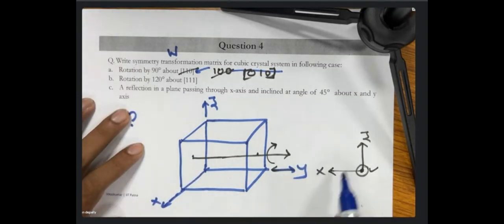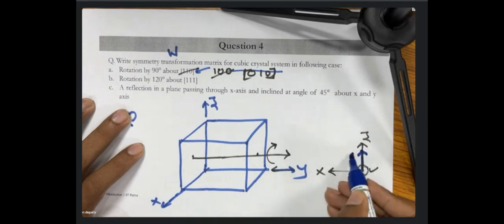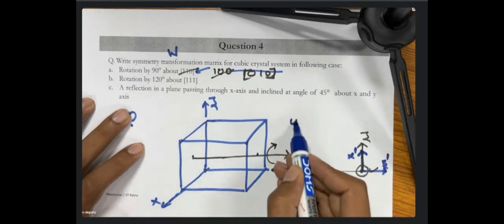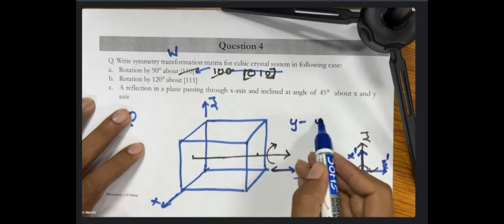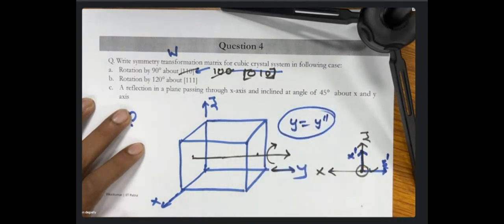Considering black to be our initial, x will go to this final position, which will be x dash. Z will go to this position, that is z dash. And y dash will be at the same position as y. It's not going to change because it is invariant.